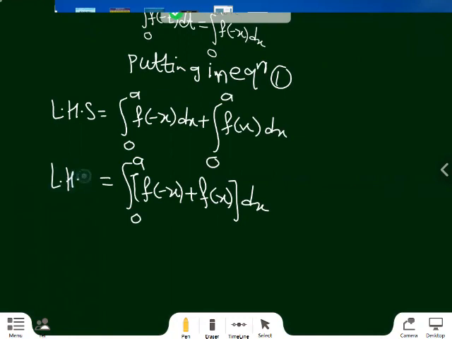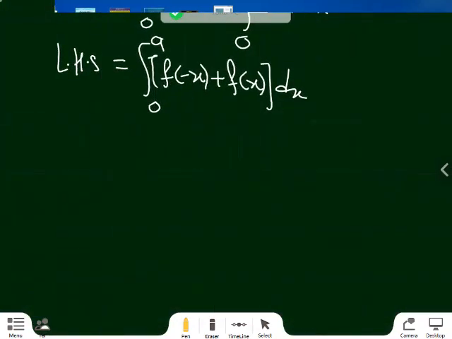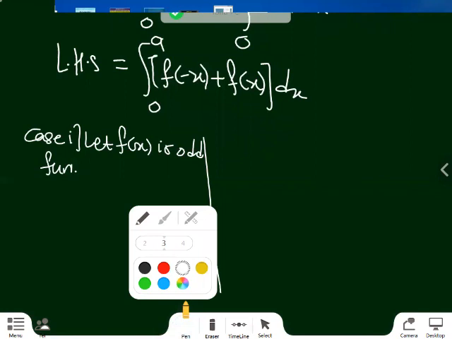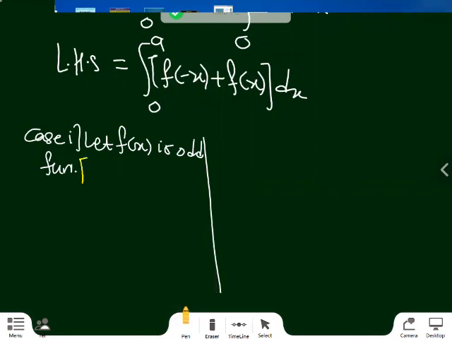Now we consider the two cases: when f of x is an even function and when f of x is an odd function. Case first, let f of x be an odd function. What is the definition of an odd function? When f of x is odd, it means that f of minus x equals minus times f of x.